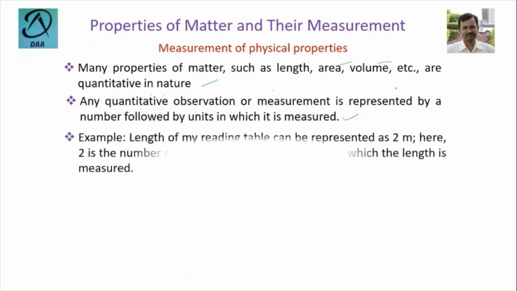As for example, if I consider my reading table, then its length can be represented by 2 m. So here 2 is a numerical number and m is a unit. m denotes meter. This is the unit in which the length is measured, and 2 is the number.